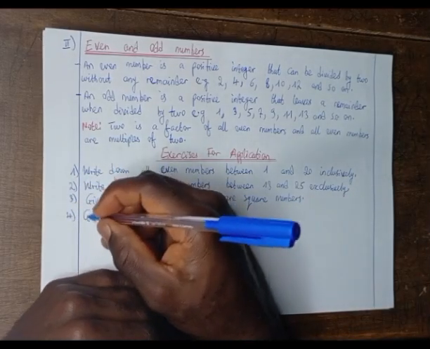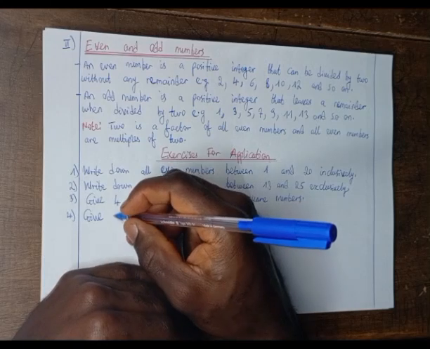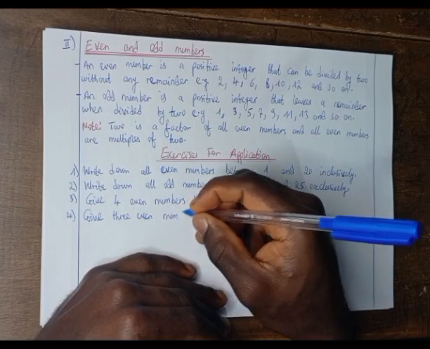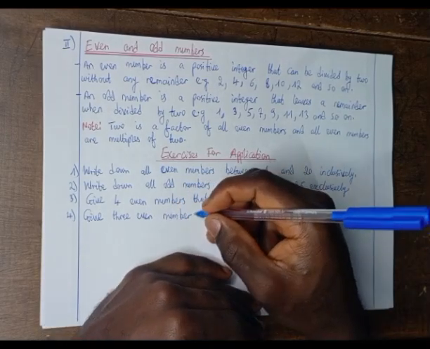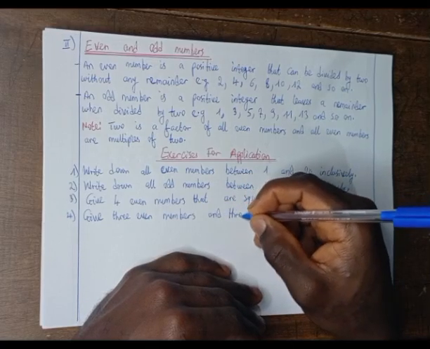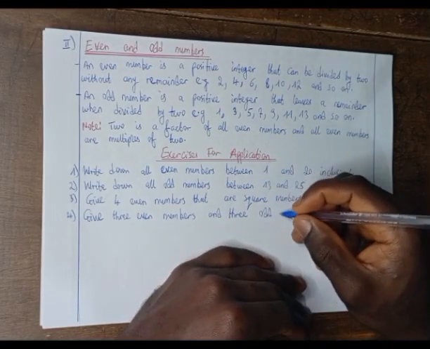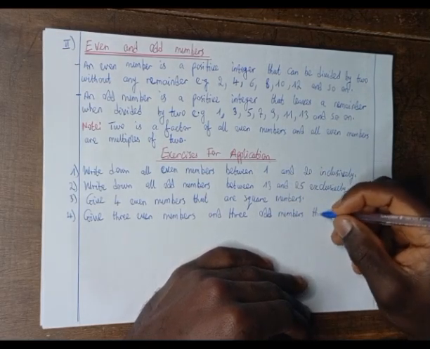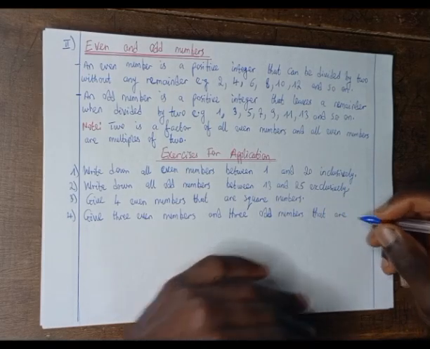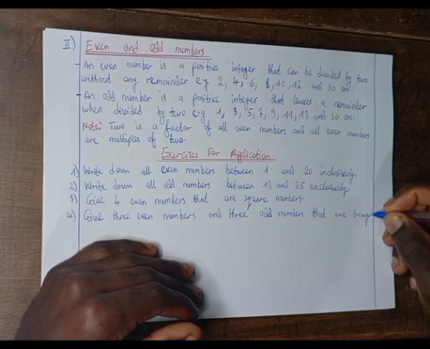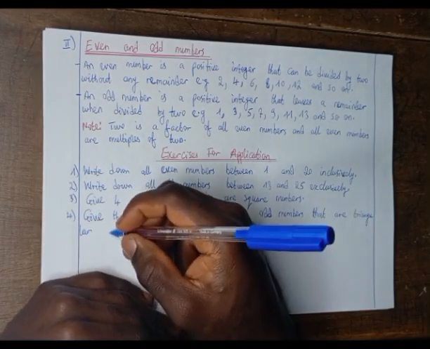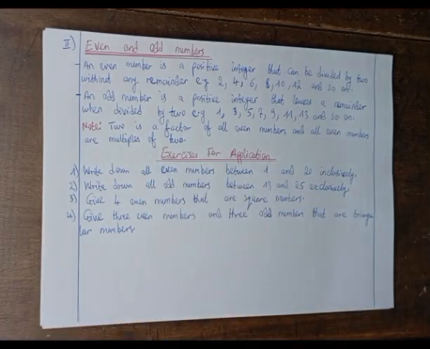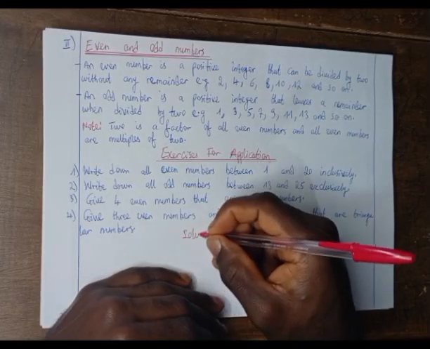Question 4, give 3 even numbers and 3 odd numbers that are triangular numbers. Let's answer the exercises. Take solution.